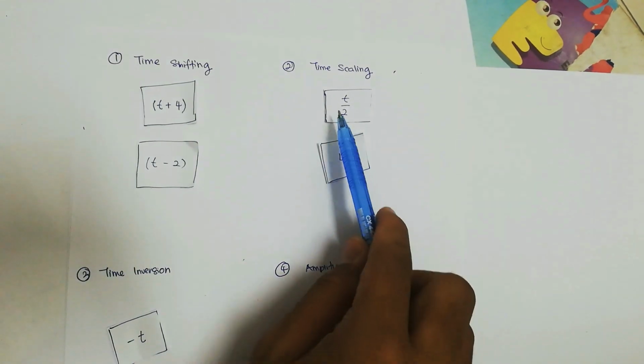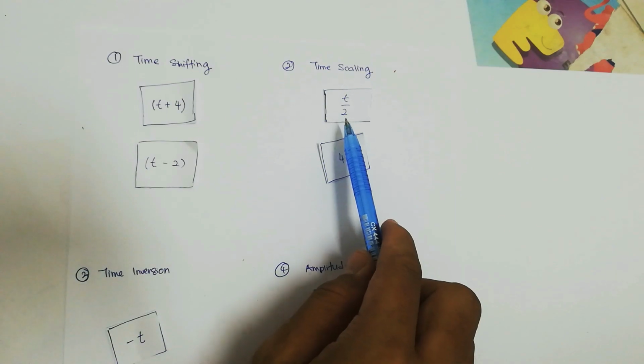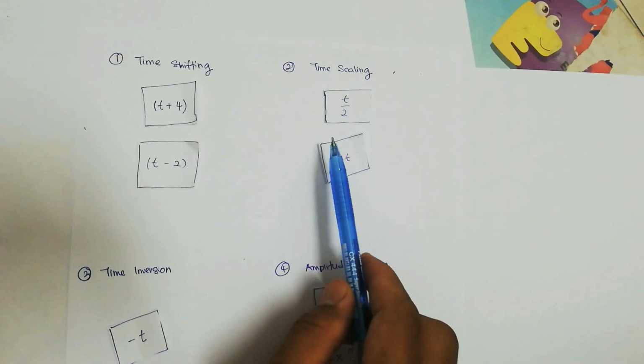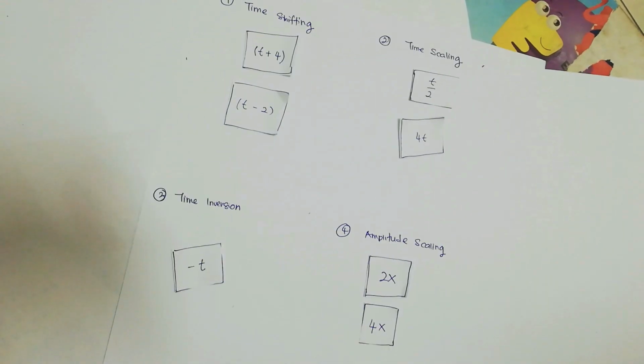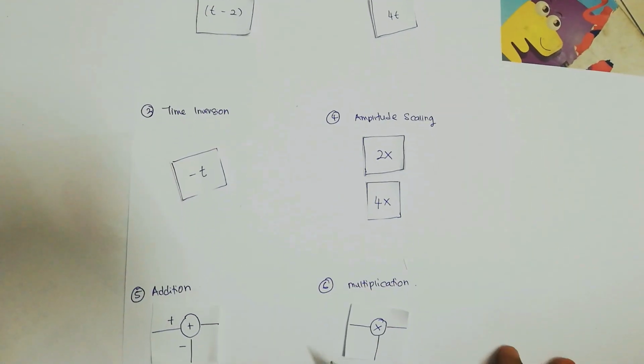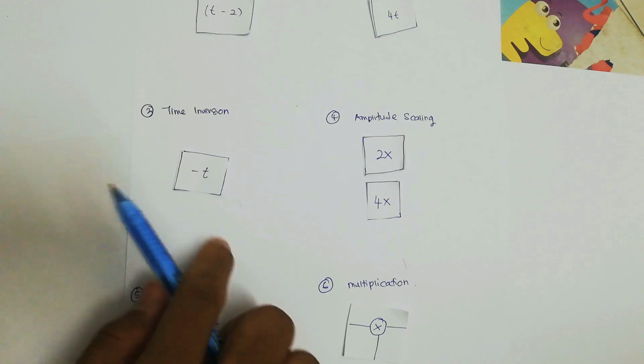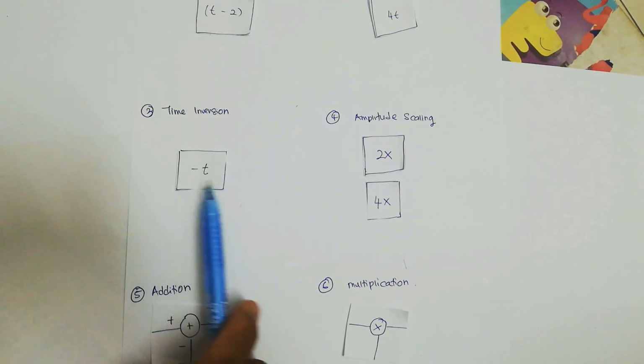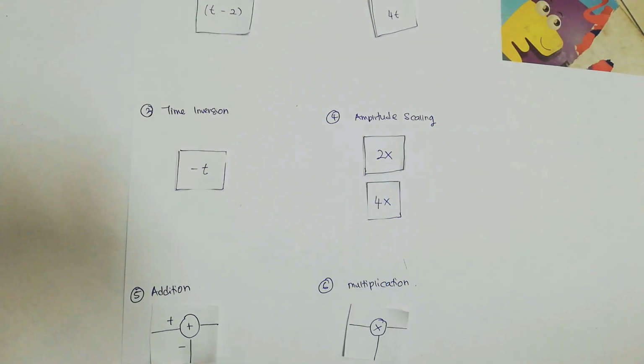Where t is multiplied or divided by 4 or 2, for example, it is a time scaling system. Time inversion is where t is multiplied with a negative. Then amplitude scaling, and then addition, where you add two signals or subtract two signals, and multiplication, where you multiply two input signals.